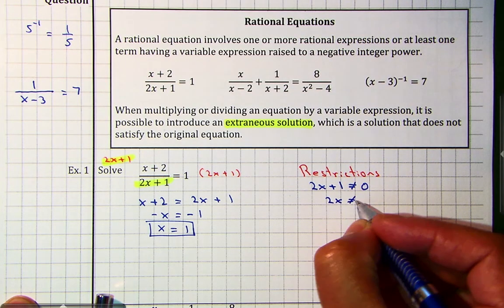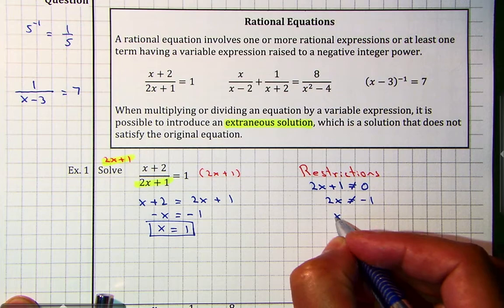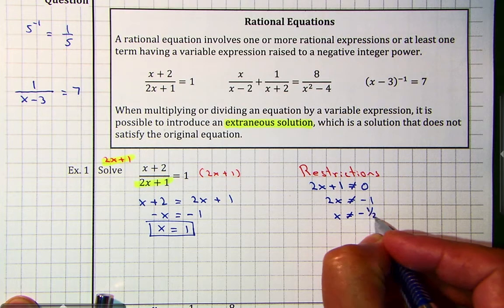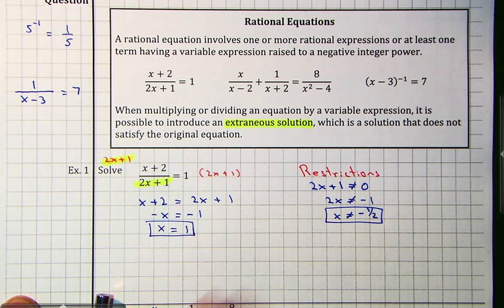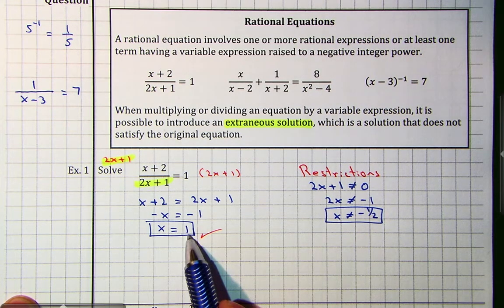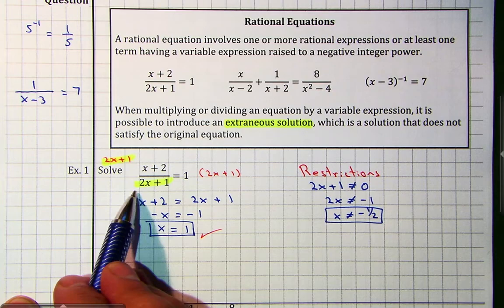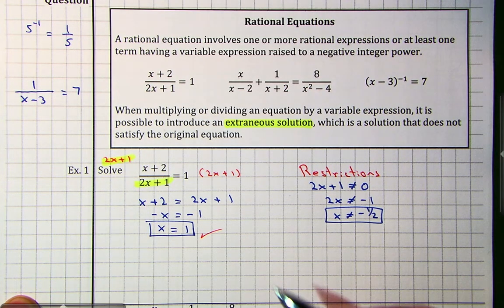So therefore 2x cannot be equal to negative 1. X cannot be equal to negative 1/2. Is our answer equal to negative 1/2? No. So that's correct. Another way to think about it is to decide whether this will make my denominator 0. And it doesn't. So therefore that's correct.